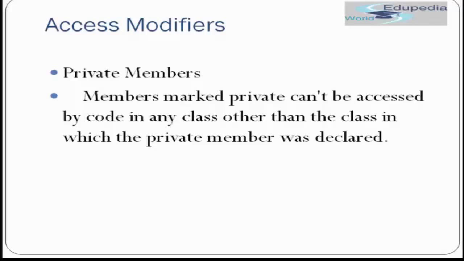Okay, and it is considered to be a good practice to make all the data members private. Why? Because we don't want unnecessary details to be shown to the user, and just for security purposes, we only want a public method that can be used to access those private data members.